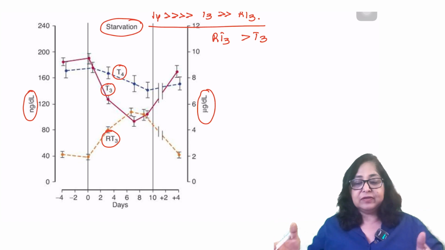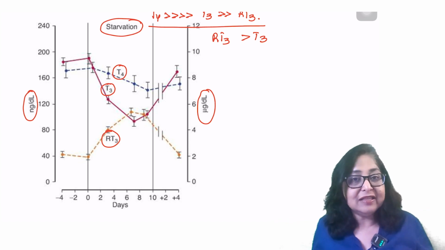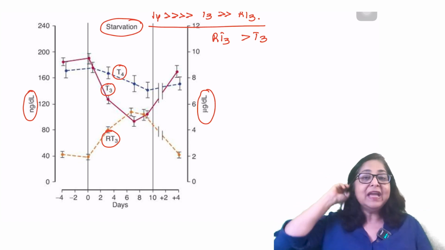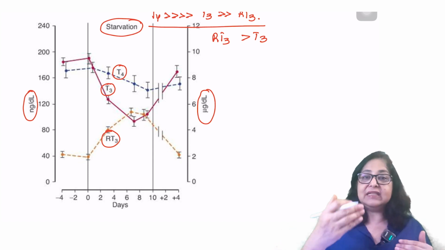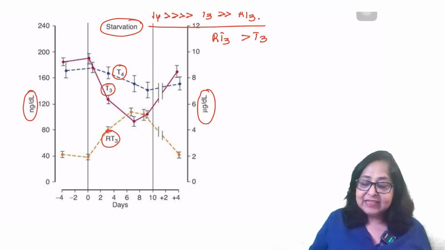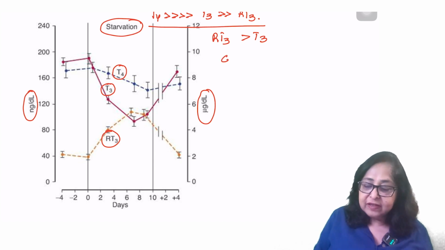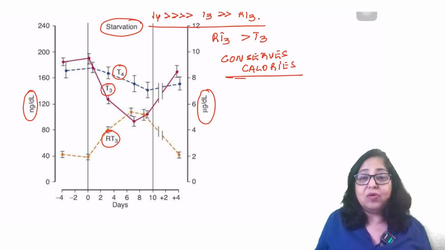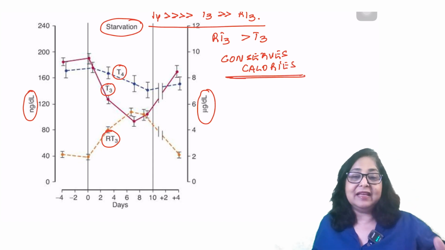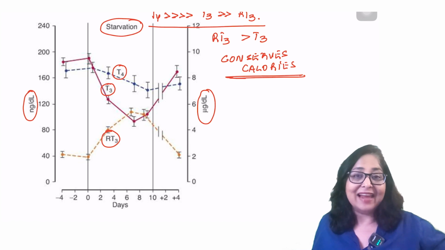But during that period of starvation, RT3 is more than T3. And I've already told you that RT3 is physiologically inactive. So by having RT3 more than T3, it helps to conserve calories. So important in a patient who's already in a calorie deficit.